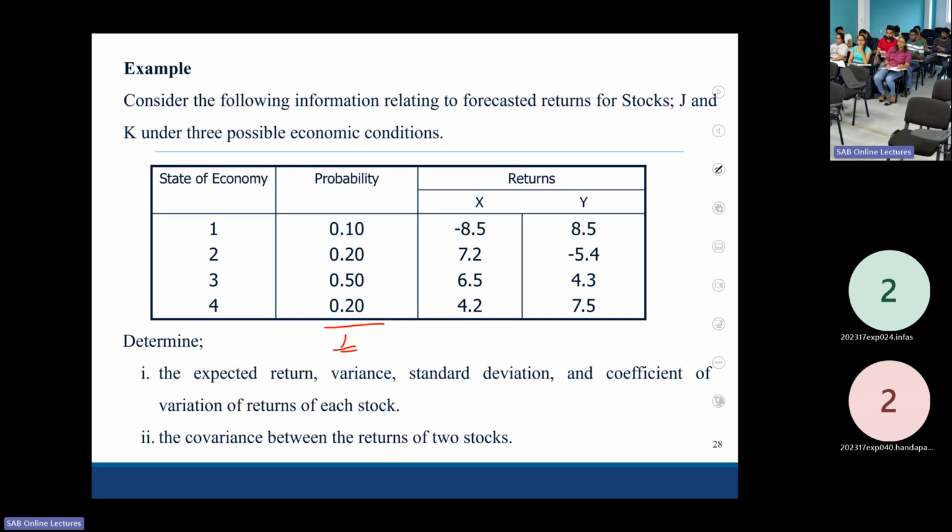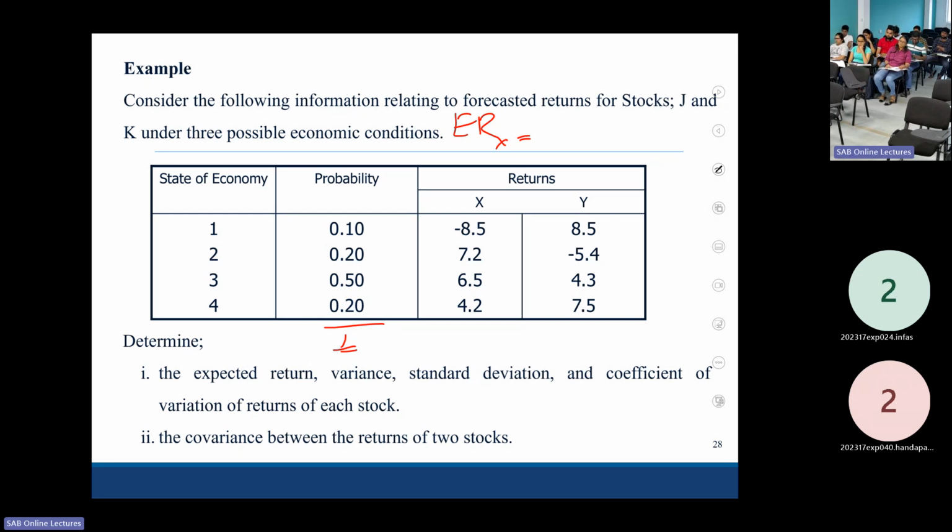Now calculate the expected return of stock X. You are given forecasted returns for each state of the economy, and you want to determine the expected return. I am referring here to two concepts: forecasted return and expected return.